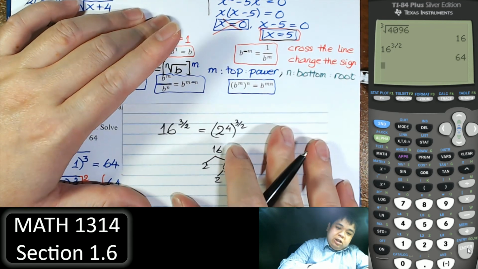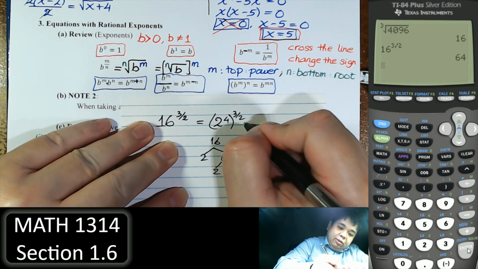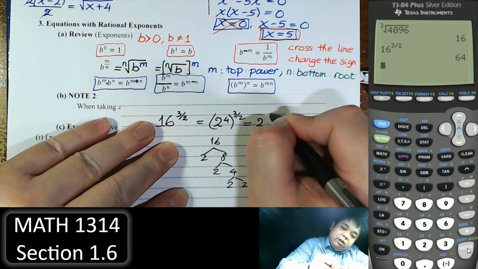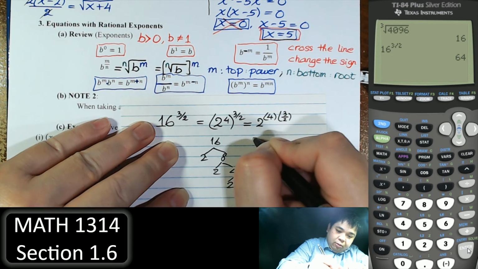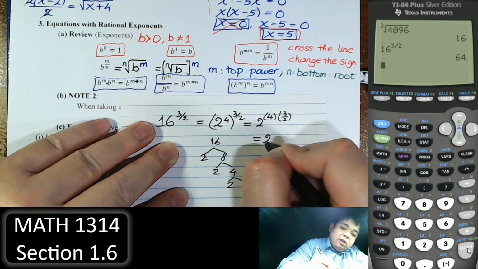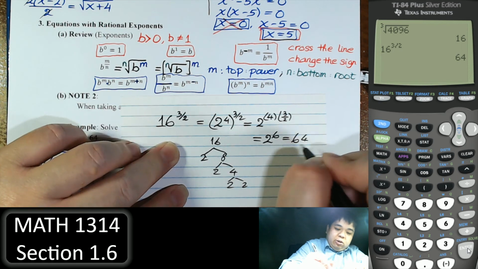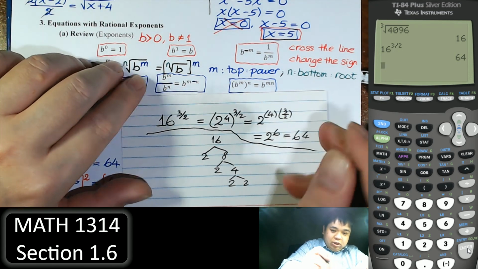Now we use this rule, power to another power, we multiply them. And then 4 times 3/2, 4 times 3 is 12, divided by 2 is 6. And then 2 to the 6th power, 64. Yeah, so certainly we can do that without a calculator.